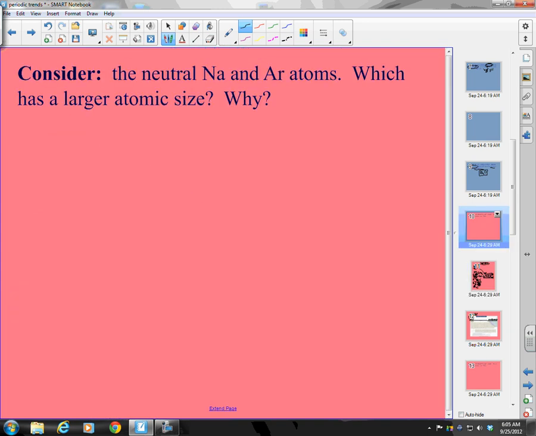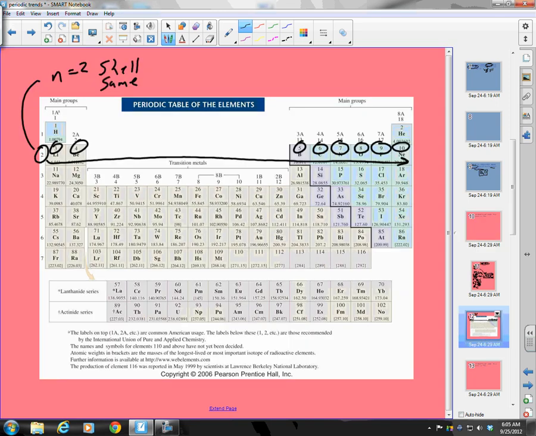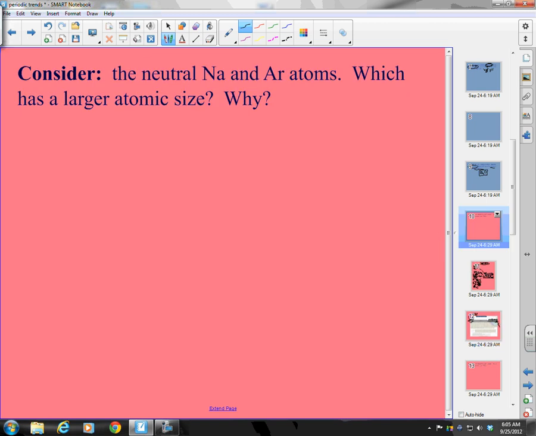So can we answer our question? Neutral atom of sodium and argon, which has the larger size? Here's my sodium. Here's my argon. As I go from left to right, I have greater nuclear charge, greater pull. So that means my argon is smaller, and that means my sodium is larger. So my answer is sodium is larger than argon.